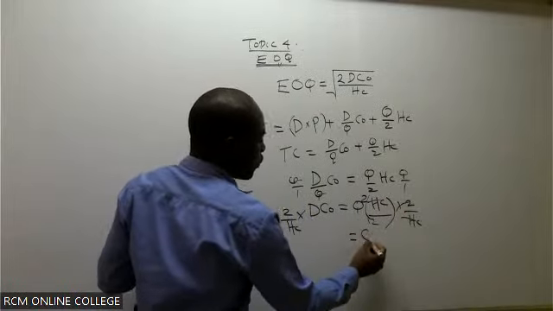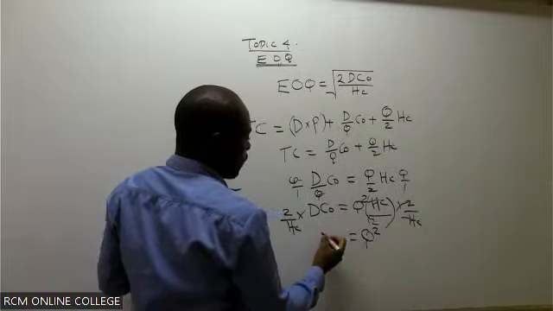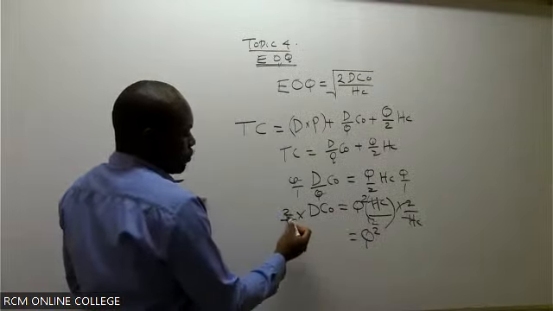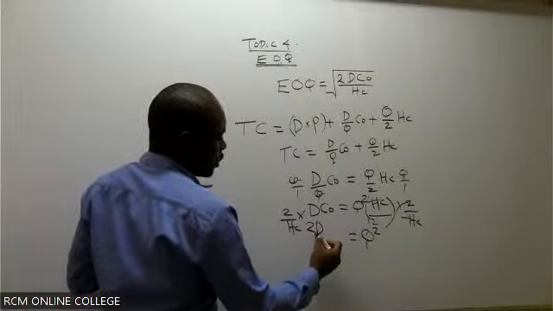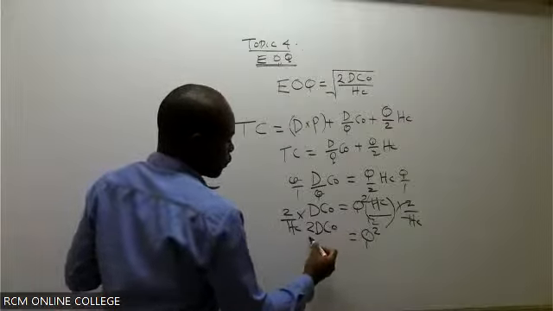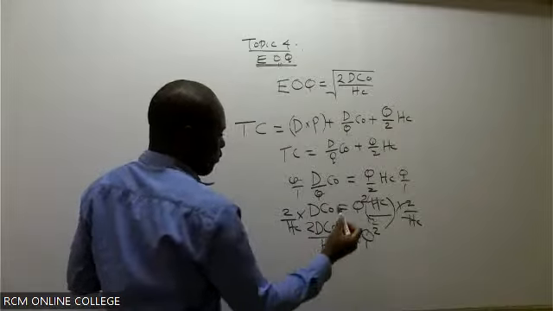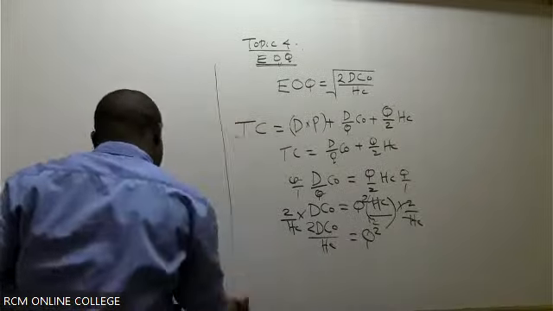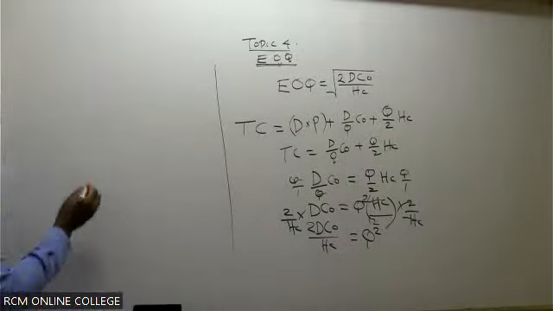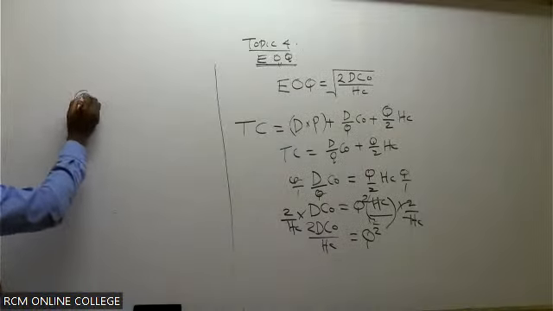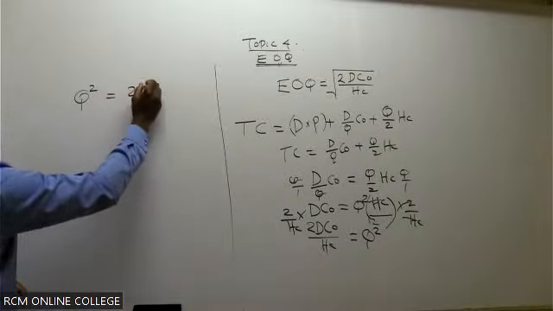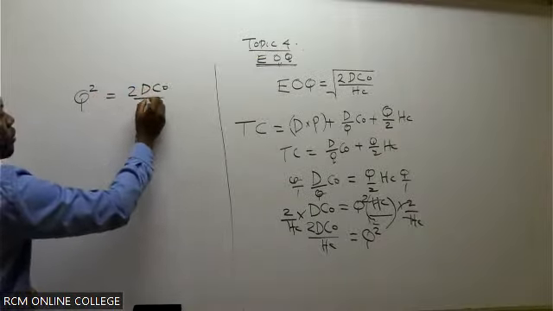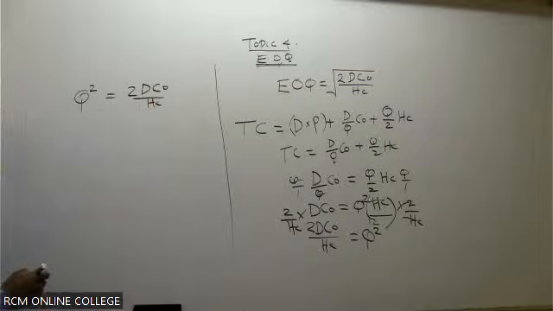I'm remaining with Q squared equivalent to 2 multiplied by this, which will be 2DCO, and of course over HC. So having done that, I now see that Q squared is equivalent to 2DCO over HC, which is the holding cost.